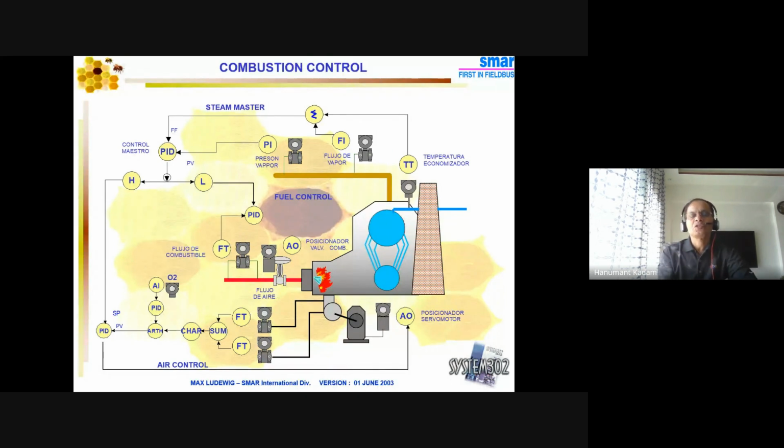Overall, you see everything is linked: steam output, combustion, and feed water flow. That is what is called three element control. This is the first element, this is the second, and the third is here. One more is there, a drum level control. I will show you here.